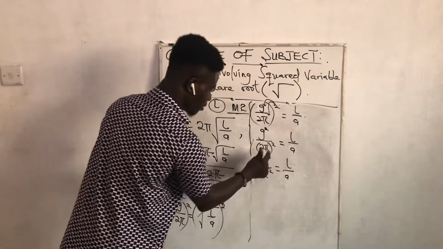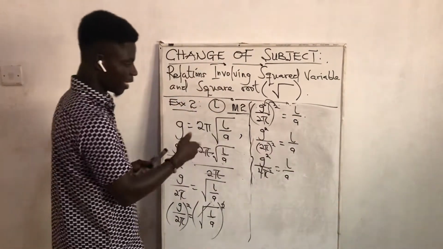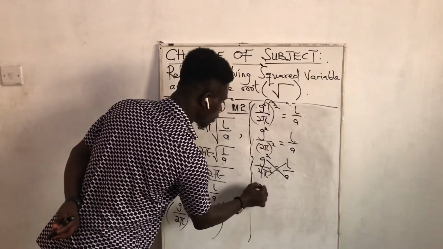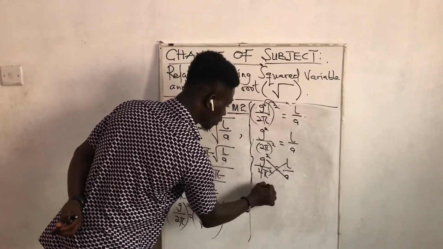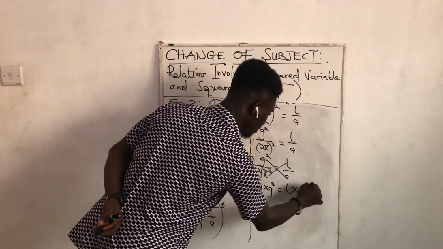Now, fractions involve an equal sign, right? I just cross multiply. So I have A times G squared equals L times 4 pi squared.